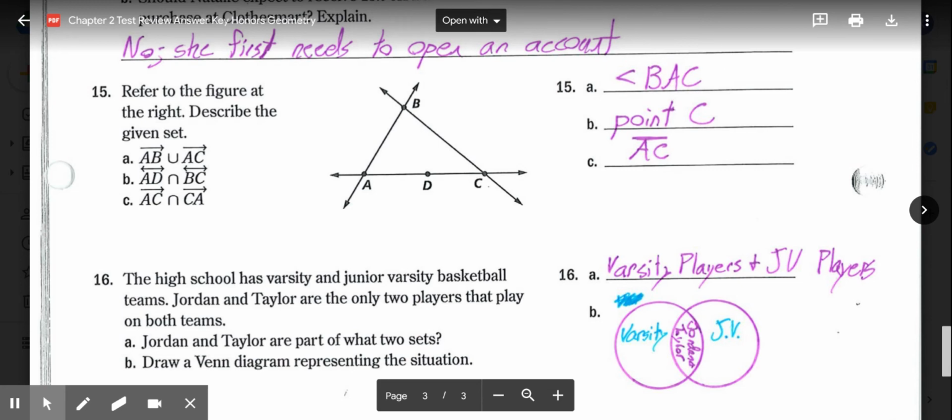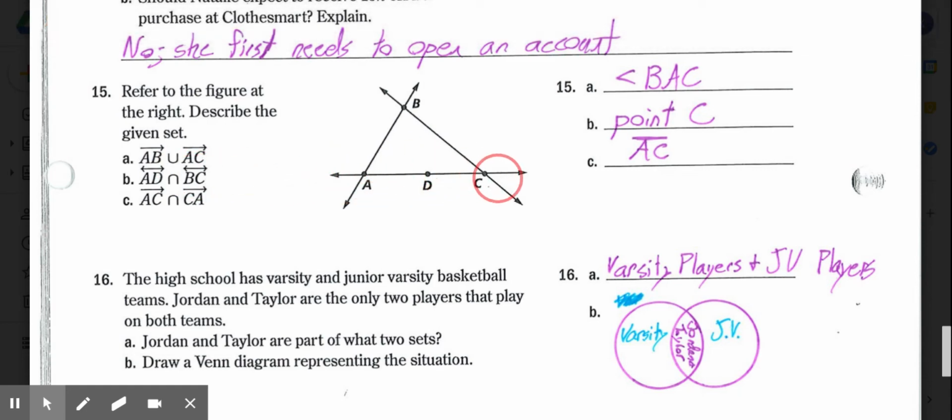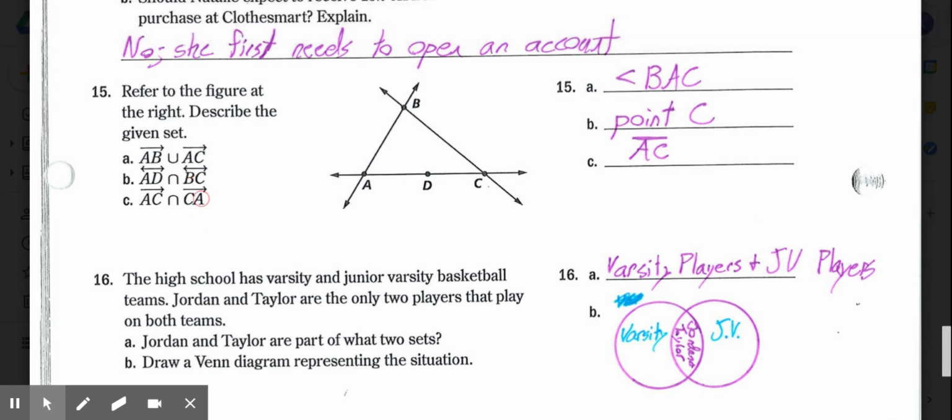Now AD intersection BC. So where does line AD intersect BC? So AD is across the bottom here. BC is this one. So where do AD and BC intersect? What point is on both? Point C. And then for part C, we're looking at the intersection of ray AC and ray CA.